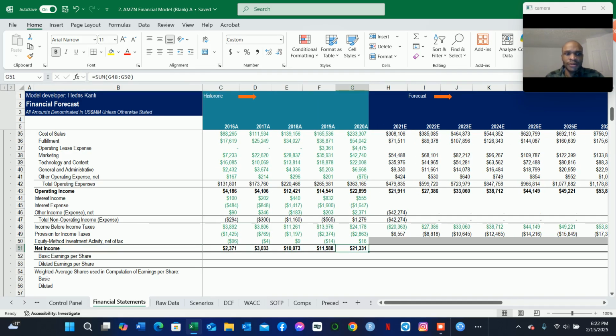We don't have any equity method investment activity in tax, such as taxes on capital gains or dividends. So we don't have those assumptions for Amazon, since it's a high growth company, and at this point in time they're generating a lot of cash flow from operations to finance the operations.